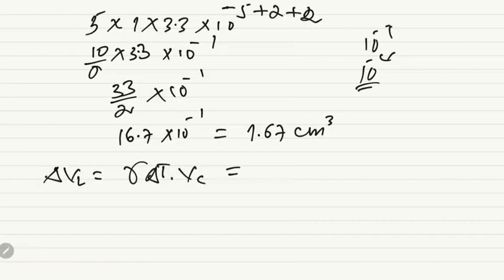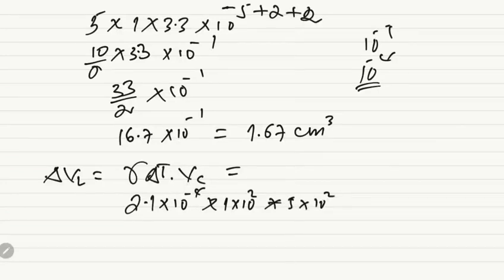That's why liquids expand more than solids. So we have 2.1 times 10 to the power of minus 4 for the gamma of water, times the change in temperature, 100, that is 1 times 10 to the power of 2, times the volume at colder, 500, which you can write as 5 times 10 to the power of 2 again.